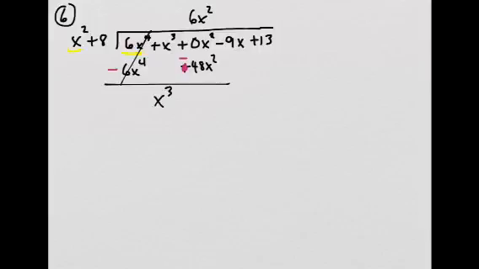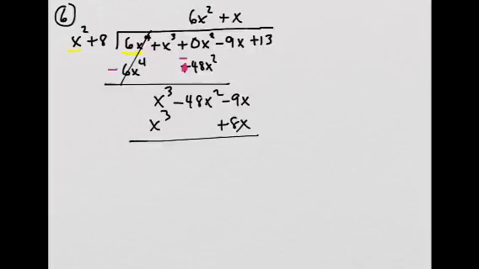Bring down the x cubed, negative 48x squared, and then bring down the negative 9x. Okay, then you ask yourself, x squared has to be multiplied by what? So x squared has to be multiplied by something in order to get x cubed. So that would have to be x.